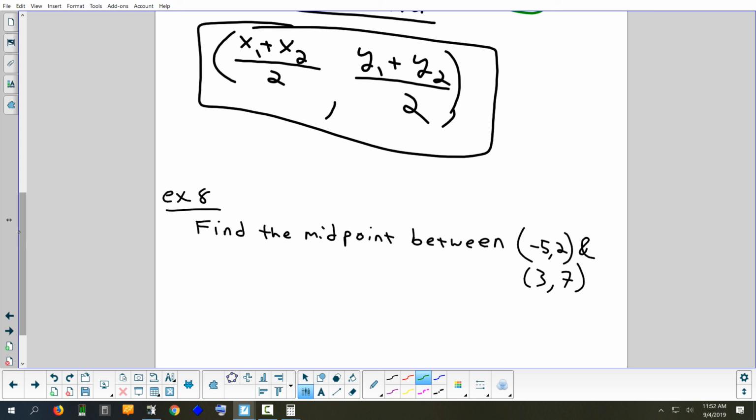Add them together and then divide by 2. -5 plus 3 over 2 gives me -1. Comma, and what's the average of 2 and 7?